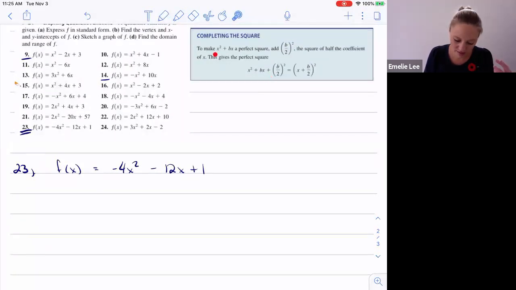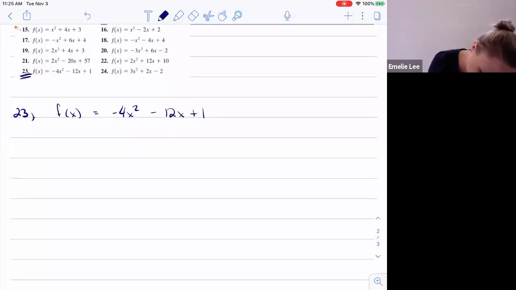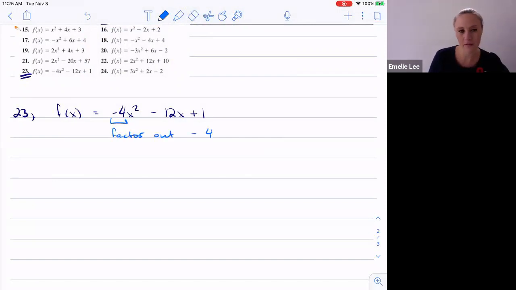What's hard is x squared plus bx is what we're working with, so we can only have x squared plus bx, which means we can't have this negative 4. I have to factor out that negative 4 first. So what this looks like is, factor out negative 4.